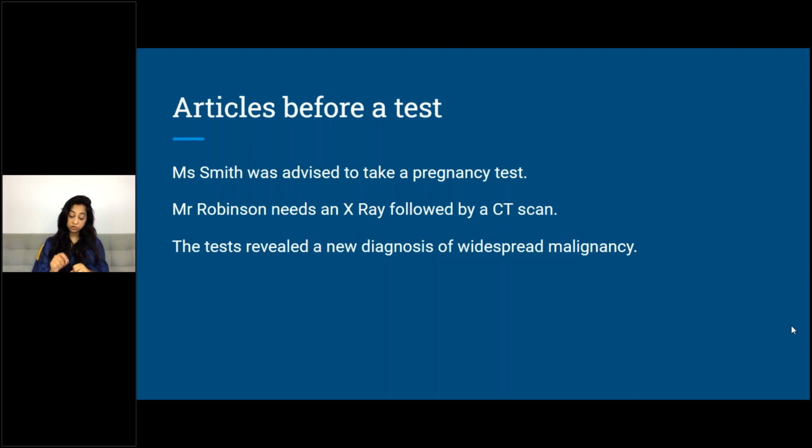What I want you to concentrate on is that the first time you mention a test, please make sure that you write a or an. And the second time you mention the test or you're talking about the test results, you're going to write the test. Okay, guys, if you've understood this, please type in yes, because this is a mistake that everybody makes, and we want to avoid that in the future.